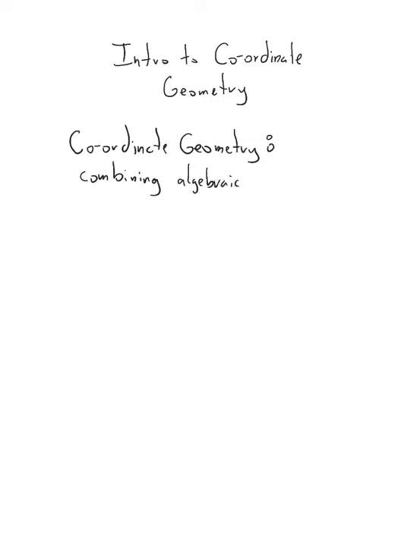Alright, all. So we're going to move on to the final chapter of the course, which is chapter 13. And we're going to talk about coordinate geometry. And when we say coordinate geometry, what we mean is using the tools that we have from both algebra, so combining algebraic tools with geometric tools.